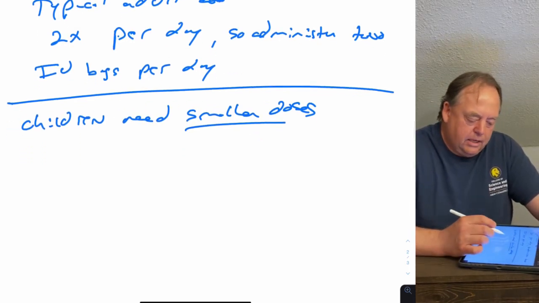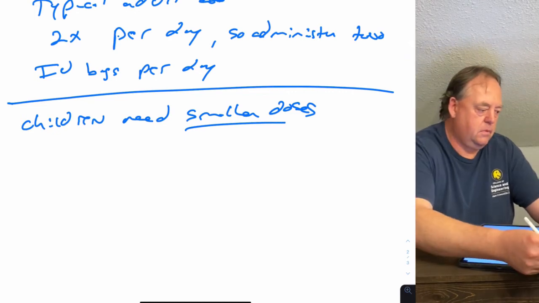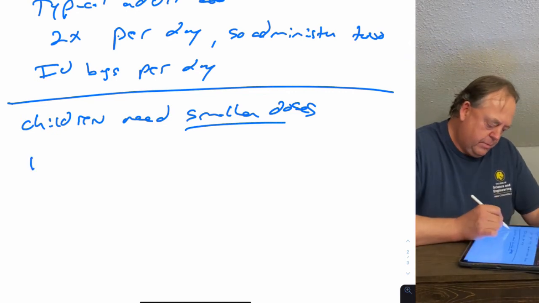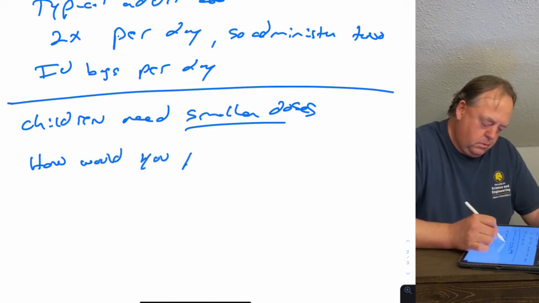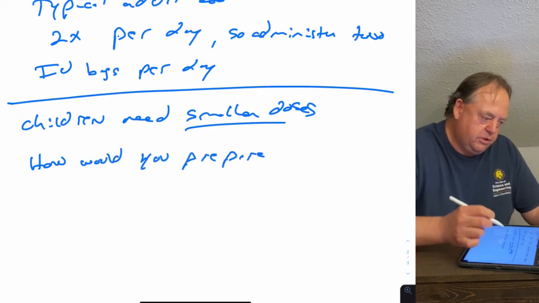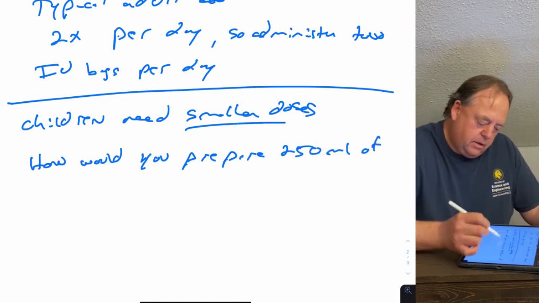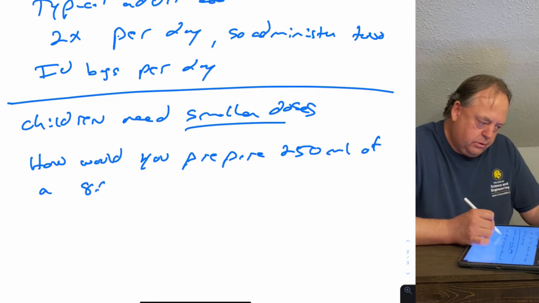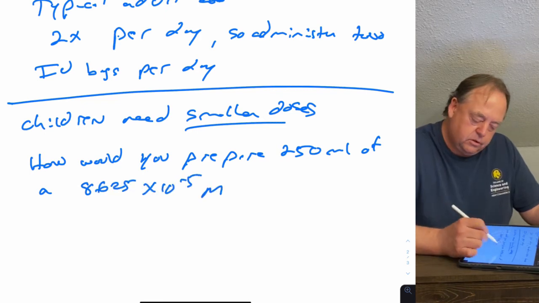If we wanted a less concentrated solution, then we would need to do a dilution. So how would you prepare 250 mL of a 8.625 times 10 to the minus 5 molar solution?